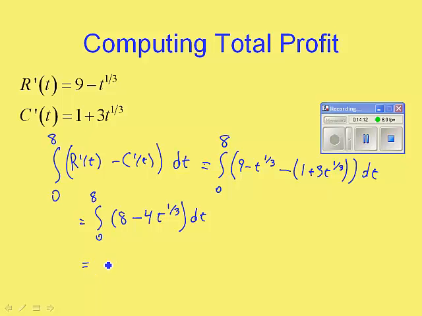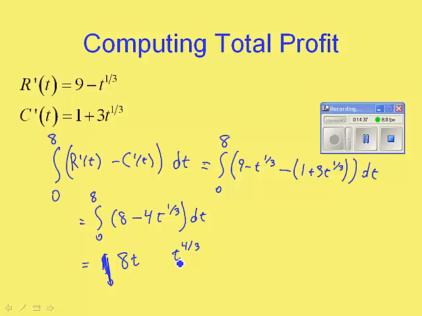So let's integrate. We have it simplified. We'll integrate 8. What do we get? 8t, because I'm doing dt. And here, I'm going to get t to the 4/3 power. But then what do I have to bring out front?